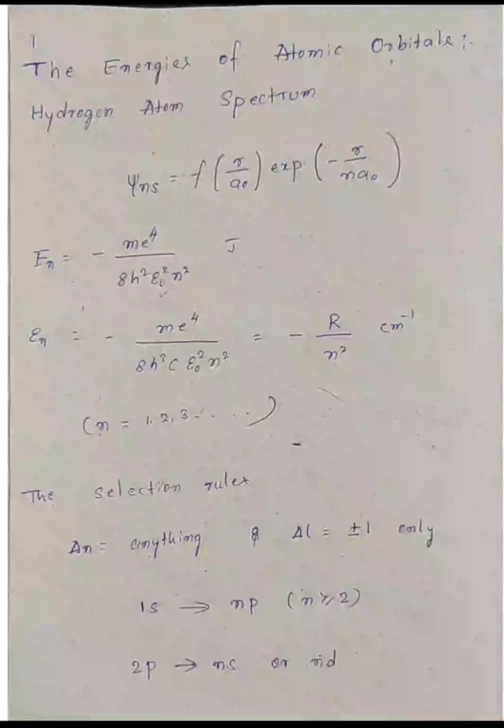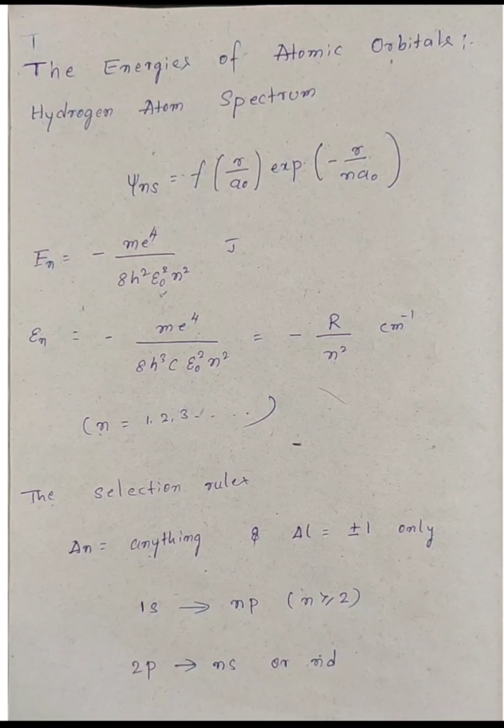Next, the small letter en is equal to minus m e to the power 4 divided by 8 h cube c epsilon naught square n square. This is in terms of centimeter inverse, nothing but the energy in terms of wave number.